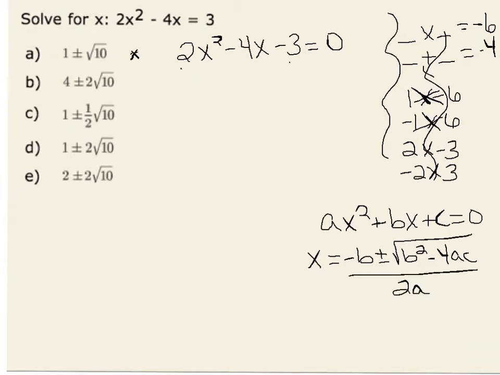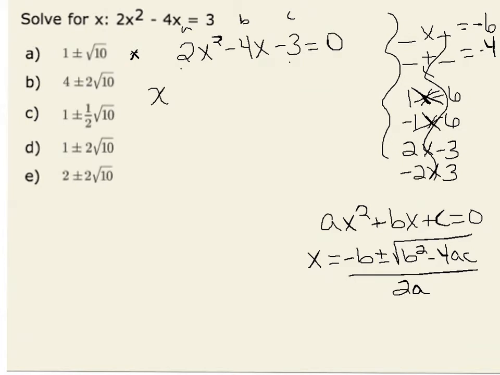So for my task, I have a is equal to 2, b is negative 4, and c is negative 3. Since my quadratic is also already set equal to 0, I can now use the quadratic formula to solve for x.